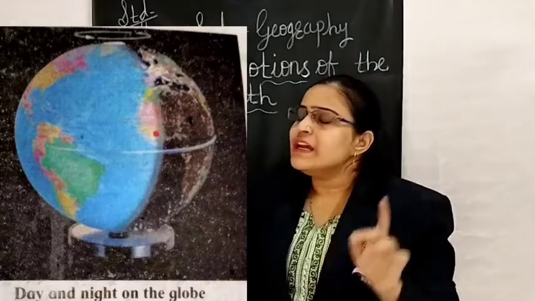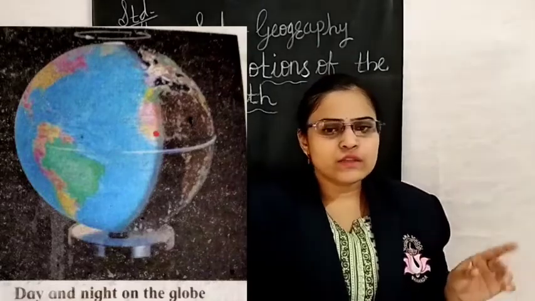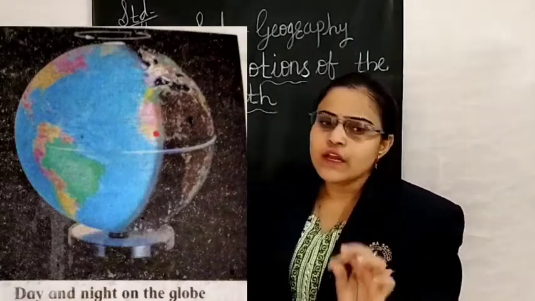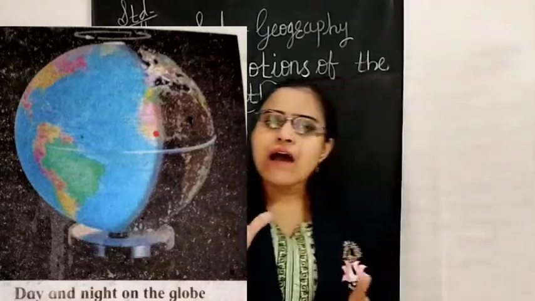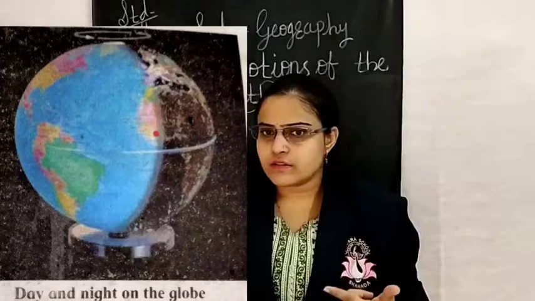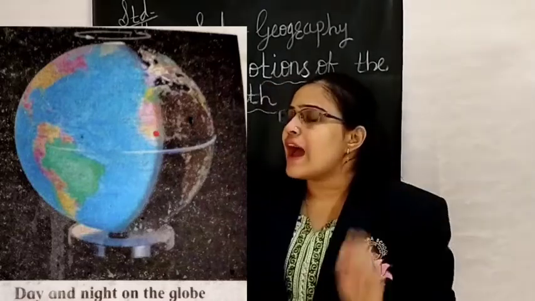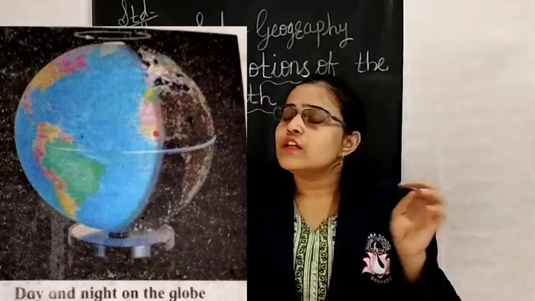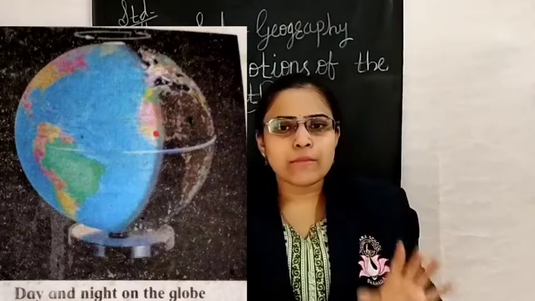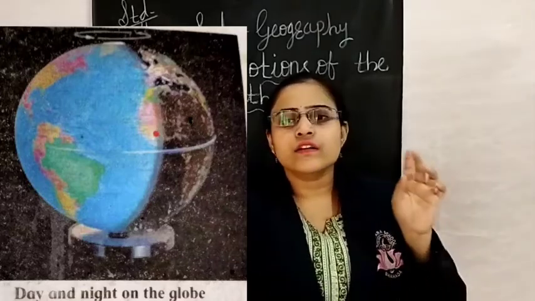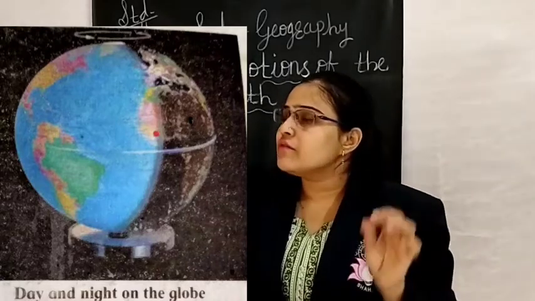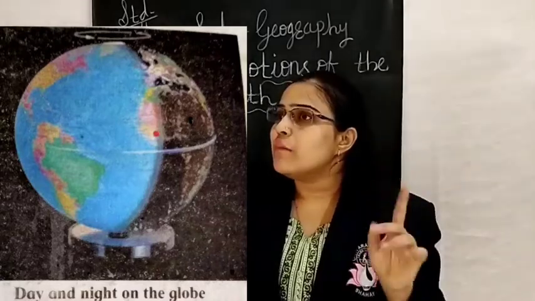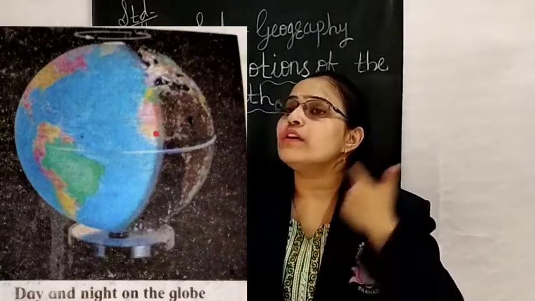Note when it is sunrise, noon, and sunset at the location of the bindi. After one sunrise, the next one occurs at the bindi. You will see that this happens when the earth completes one rotation, that is, when it makes one complete round around itself.